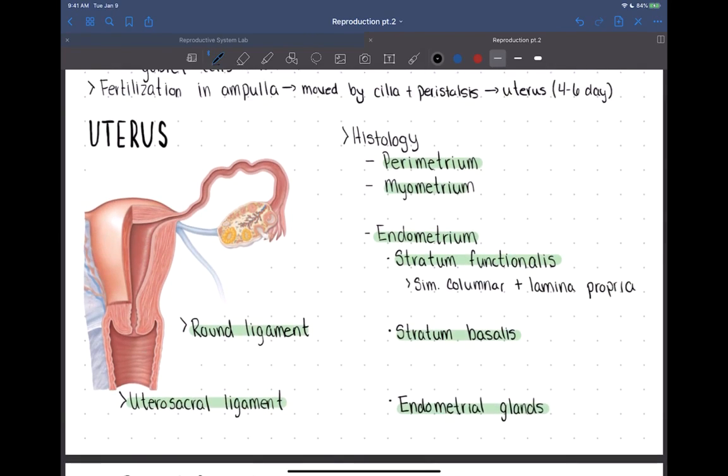Okay, so with the uterus, just to kind of review, we talked about some ligaments already. So we have the broad ligament, which we mentioned before with the ovary. It's that big sheet of connective tissue that connects the ovary with the fallopian tube and the uterus. We also have the round ligament.